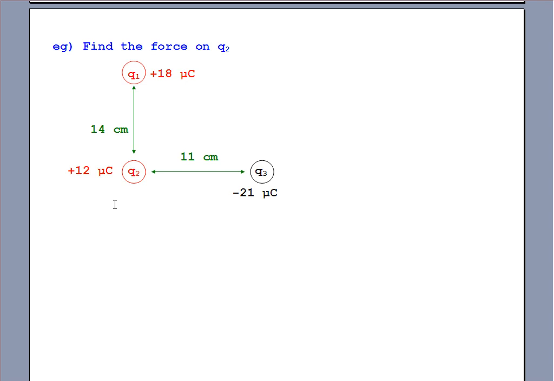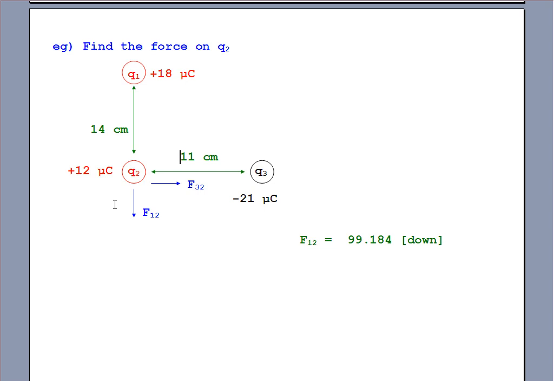The only thing we haven't dealt with on the previous page is that two-dimensional direction issue. So force 1,2 would be down, repulsive on charge 2. There's actually a repulsive force on Q1 as well, but I'm just too lazy to draw it in. And then 2 and 3, that would attract Q2 towards Q3. I need to take these two values, but I can't simply add the numbers. You'd have to be careful if you were going to do questions like this.